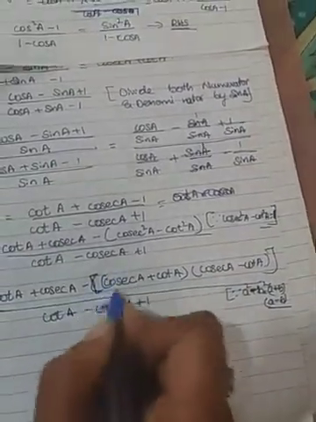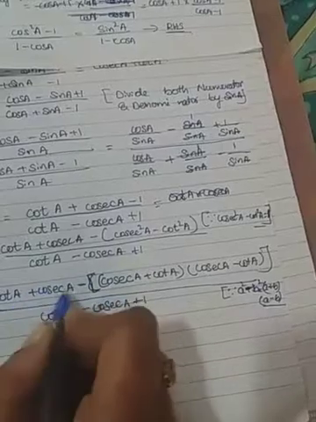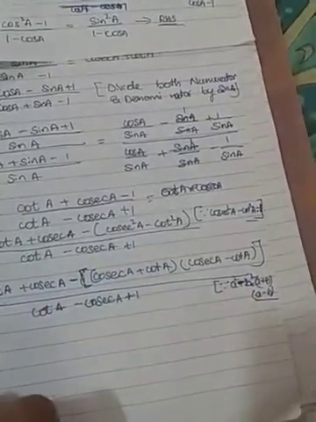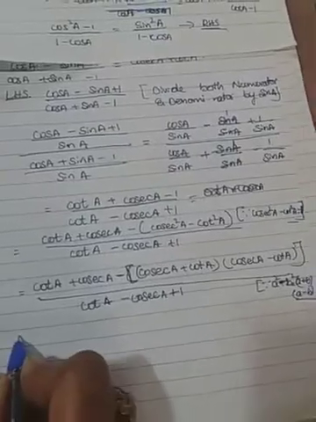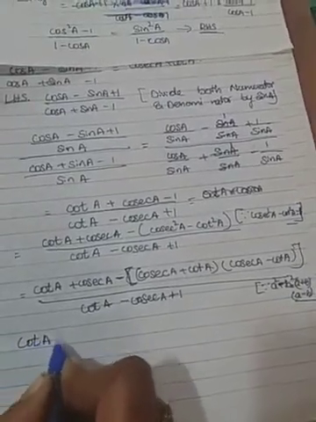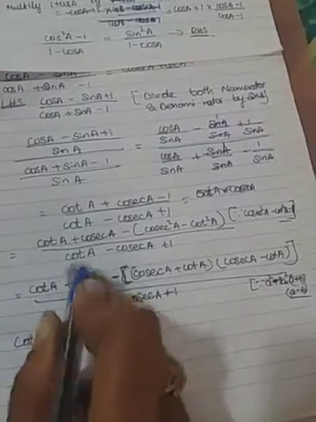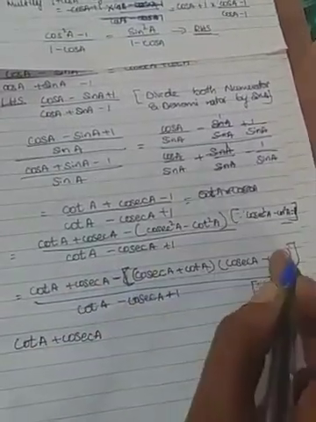Next, in both terms cot A plus cosecant A is there, so we can take cot A plus cosecant A common. This is one term and this completely is one term.